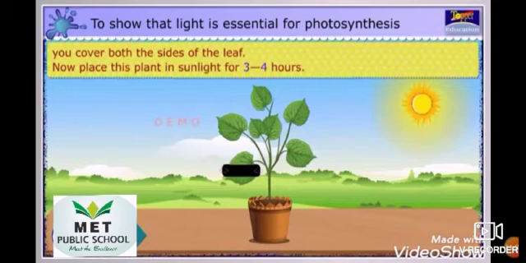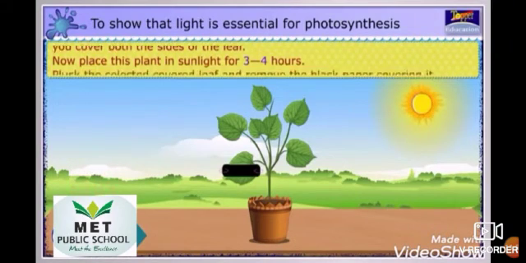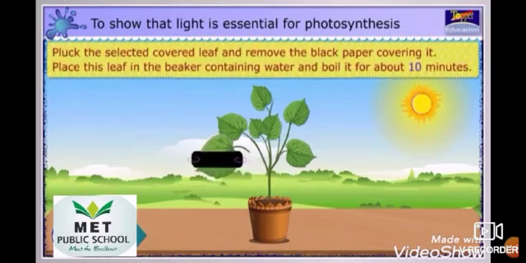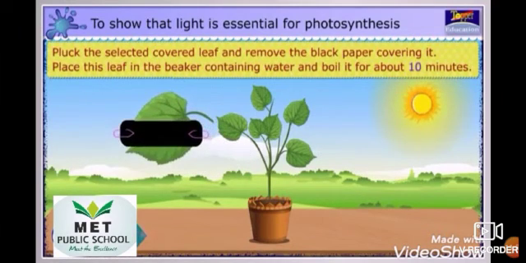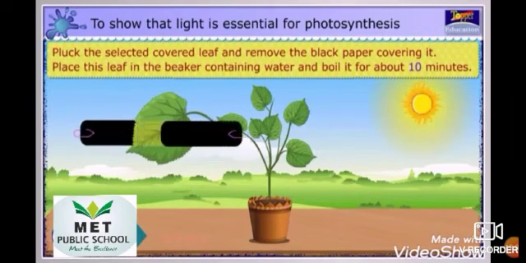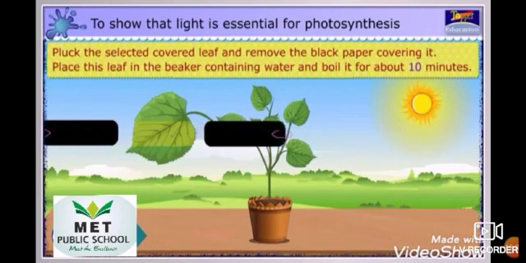Now place this plant in sunlight for 3 to 4 hours. When it has been in the sunlight, afterwards pluck the selected covered leaf. Pluck it and remove the black paper which covered it.